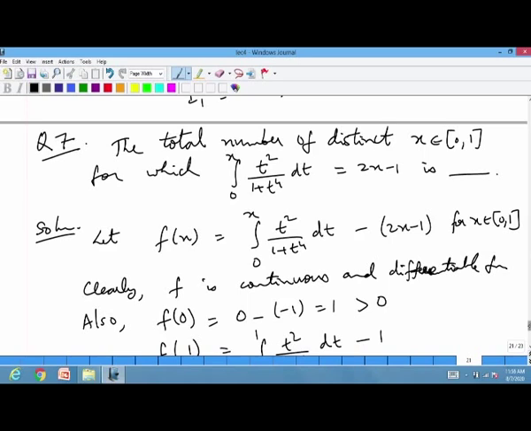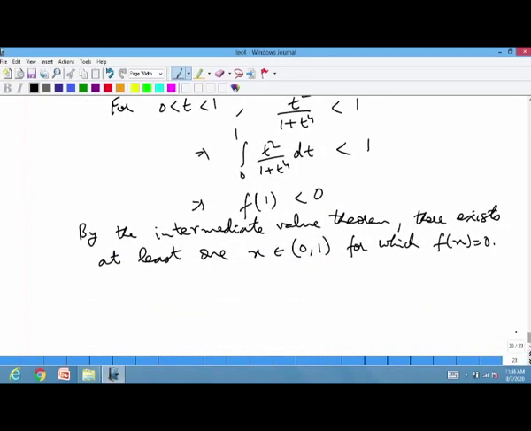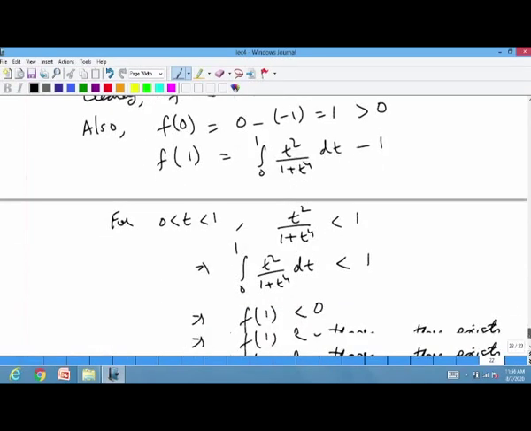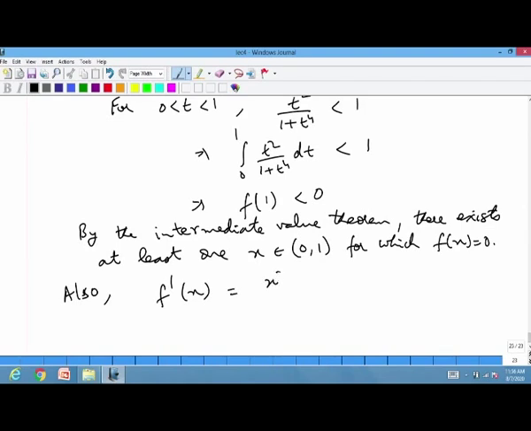So, now what is f prime of x? So, f(x) is the integral of this minus (2x minus 1). So, if we differentiate this, f prime x will be x square by 1 plus x to the 4 minus 2. Now, we know that x square by 1 plus x to the 4 is strictly less than 1.